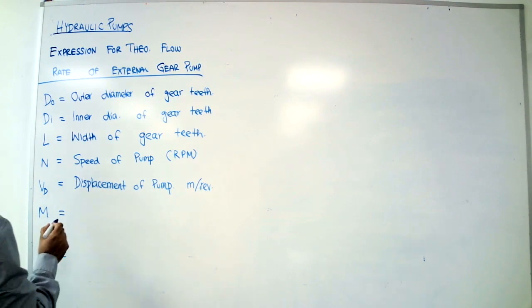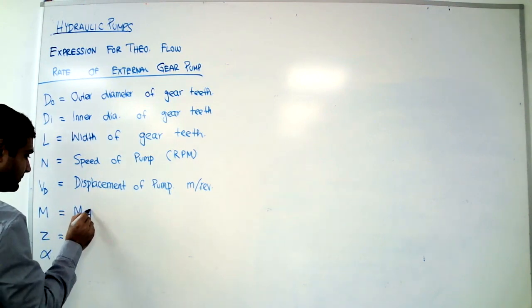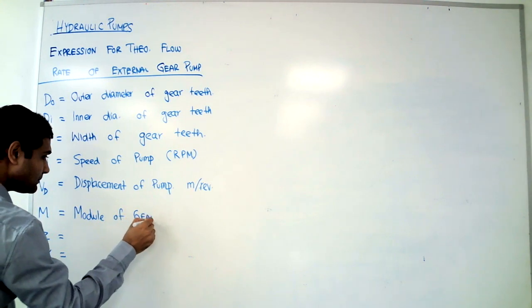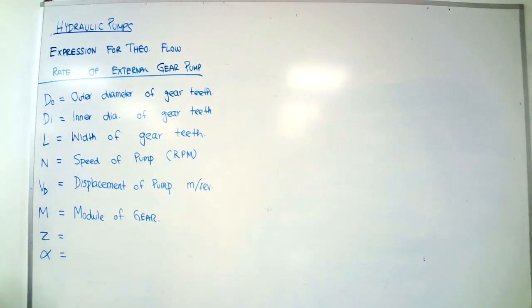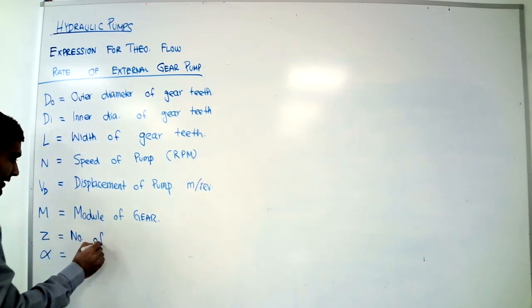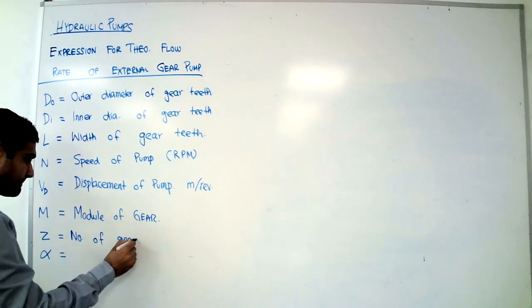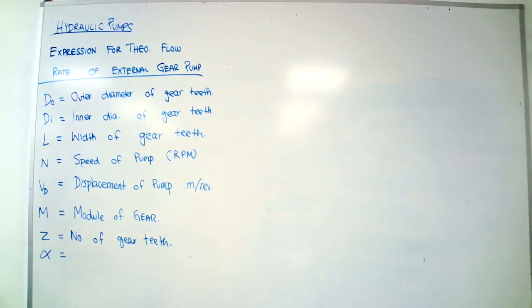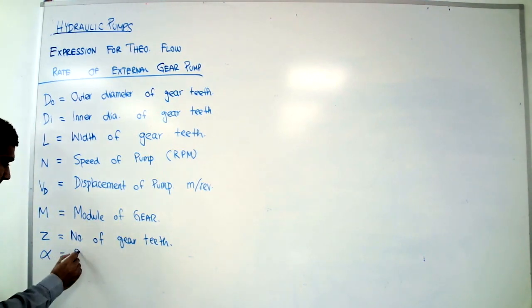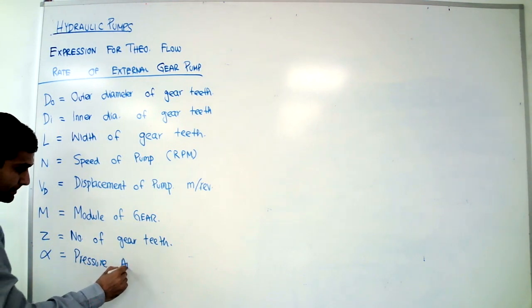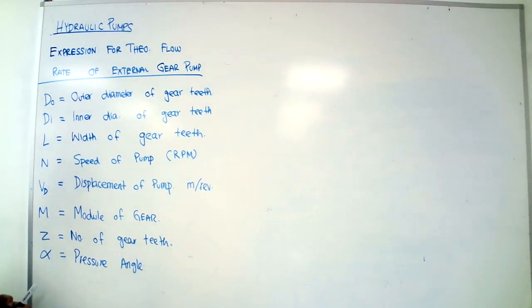M is the module of the gear. Z is the number of gear teeth. Alpha is the pressure angle. Okay.